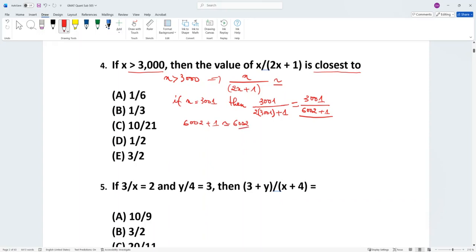Okay, and if we get this value divided by 3001, we are going to get approximately 1 over 2. Because the 1 here is insignificant. If we just remove it, then we can see that our answer is approximately 1 over 2. So basically, the answer here is answer D, which is 1 over 2.